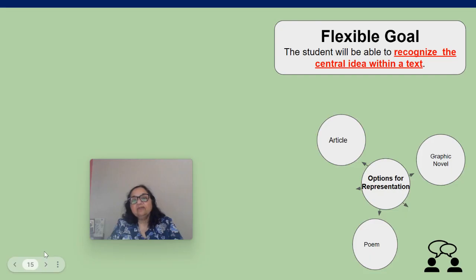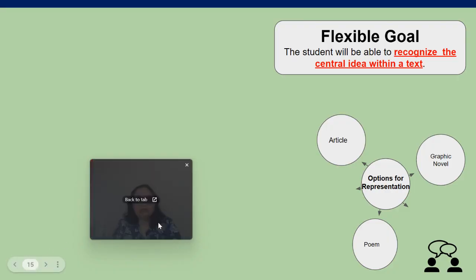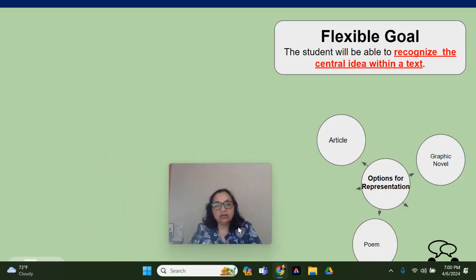So when we are offering a flexible goal, our goal should be flexible: the student will be able to recognize a central idea within a text. So what options are we offering for representation? We offer a graphic novel, article or poem, embedded with apps or tools which can read to them if they have any issues with reading.